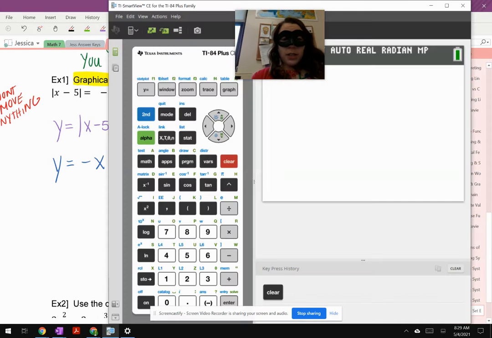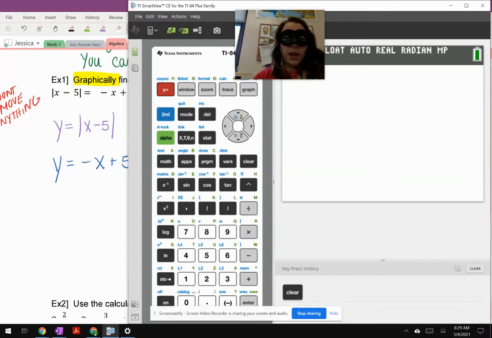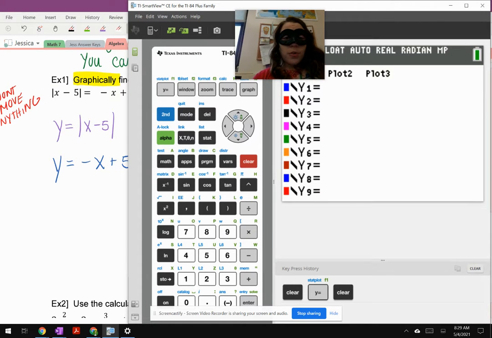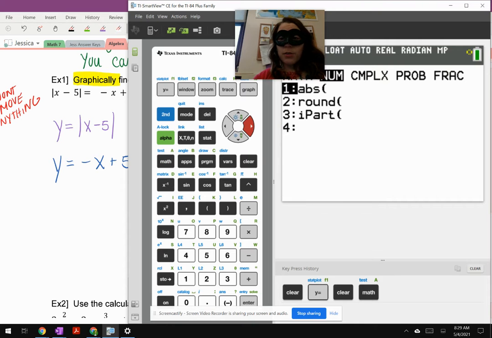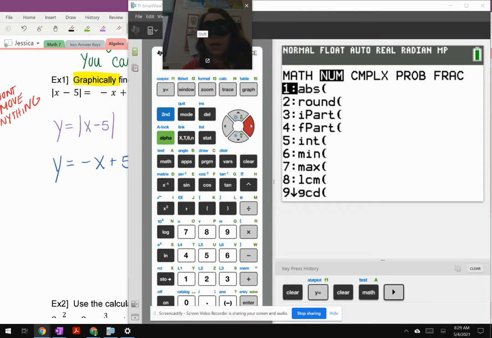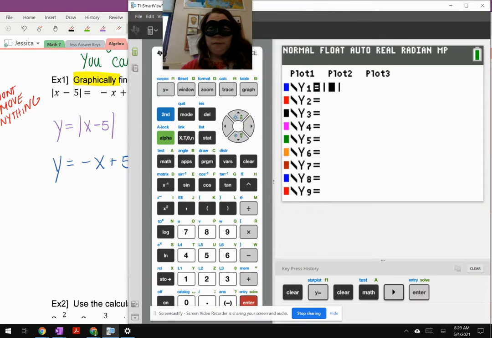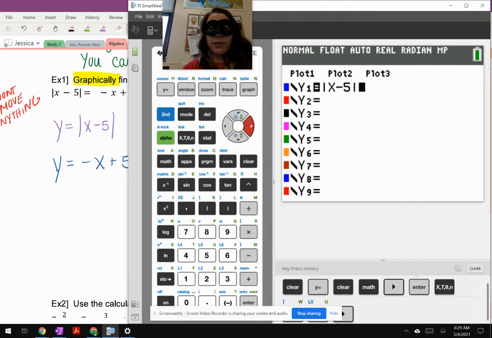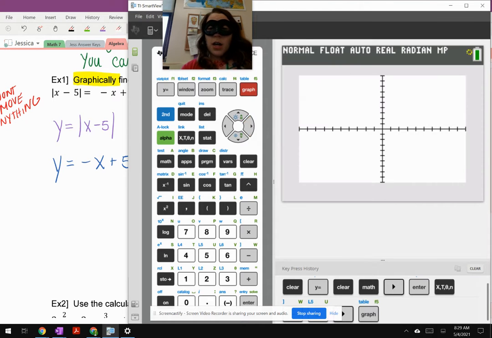I'm going to use my calculator to get some points to plot to figure out what that looks like. So remember, to find absolute value, I hit the math button, I arrow over to number at the top there. ABS is that first choice. And both the x and the minus 5 are inside of the absolute value bars. It's important to pay attention to that.